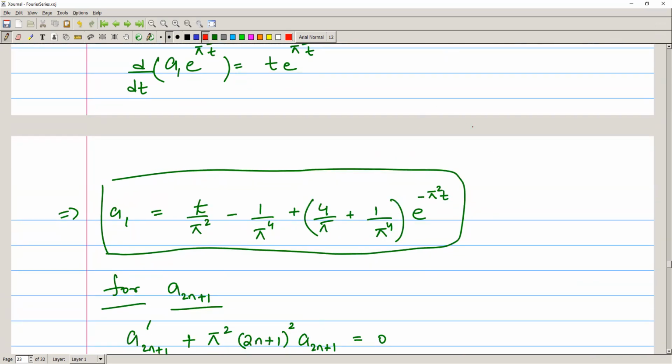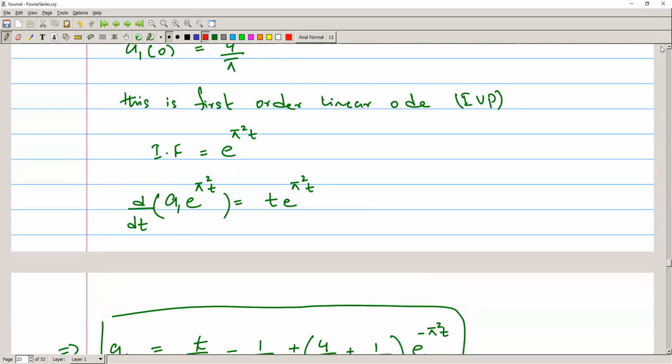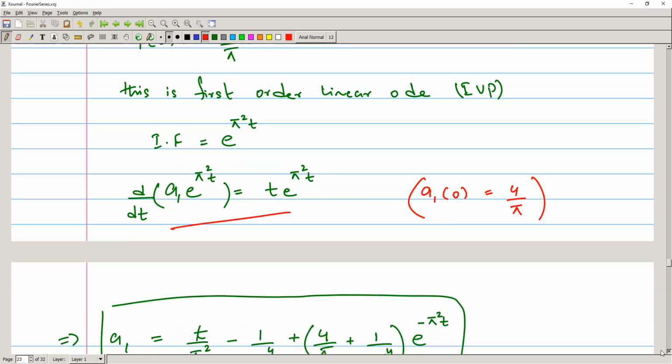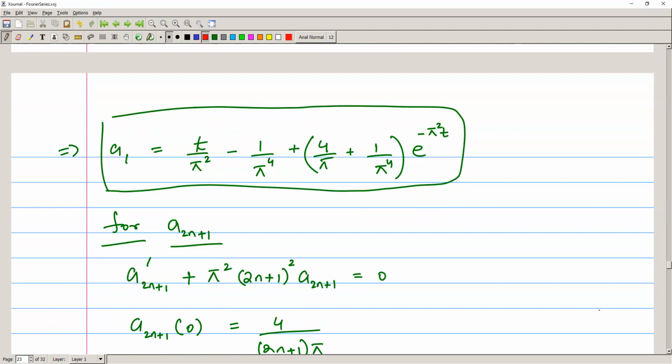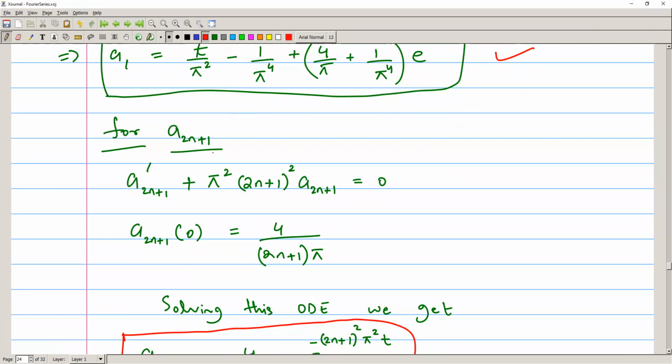Then also this is written directly, but we also applied the initial conditions. I assume that you will do that easily because this is very basic stuff, right? So after finding the solution to this equation, apply this condition and you will get this answer, right? Here's the answer. And now for a_{2n+1}, right?